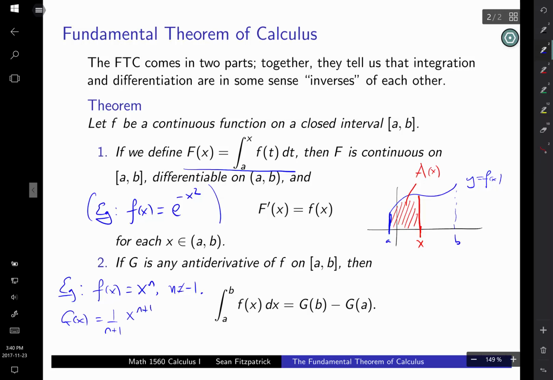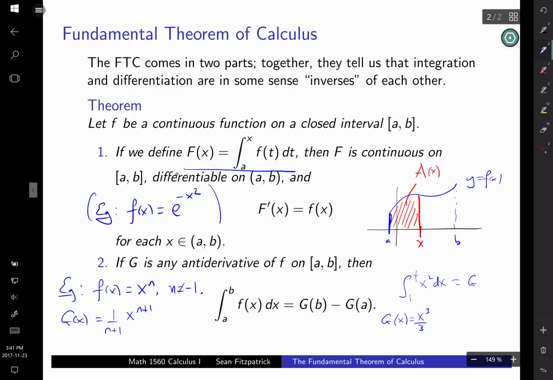And so if I wanted to know something like the integral from 1 to 4 of x squared dx, well, I would say that my g of x in this case would be x cubed over 3.